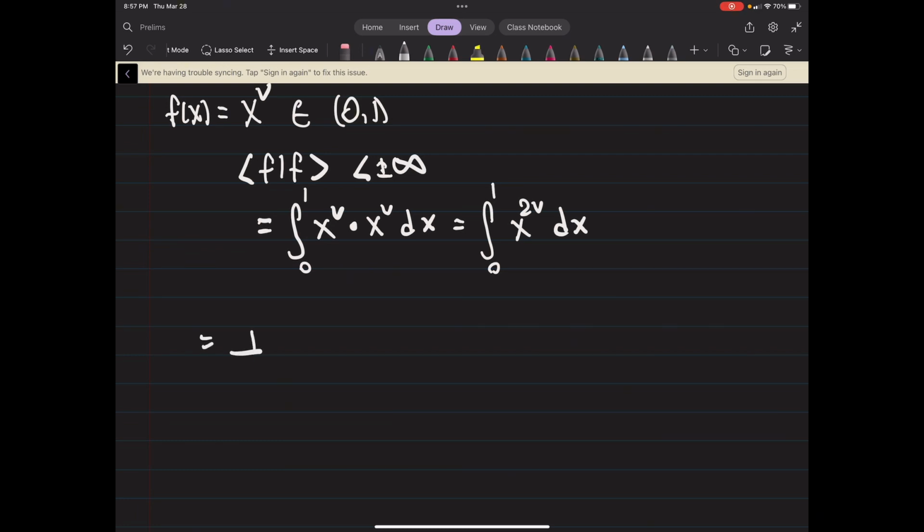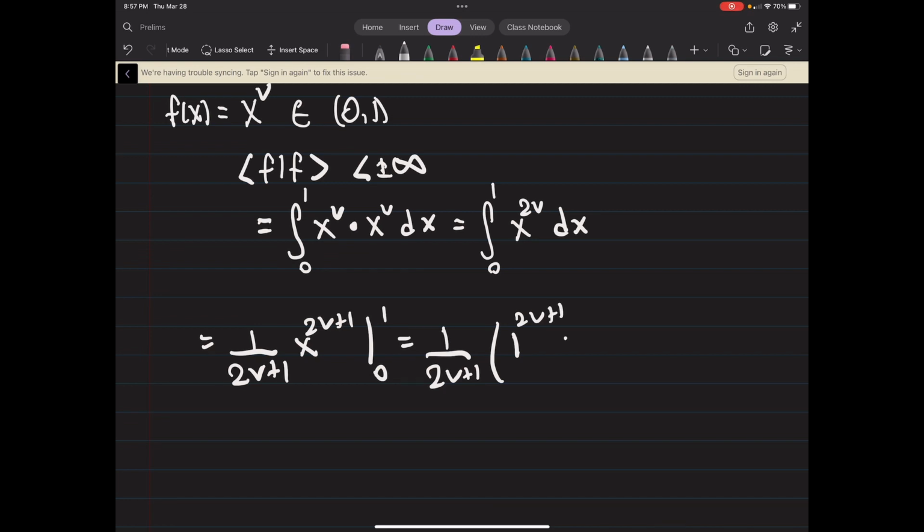You'll get 1 over 2v plus 1 times x to the 2v plus 1 evaluated from 0 to 1. So just a simple power rule with integration. So now we can plug in, so we'll have 1 over 2v plus 1 times 1 to the 2v plus 1 minus 0 to the 2v plus 1.